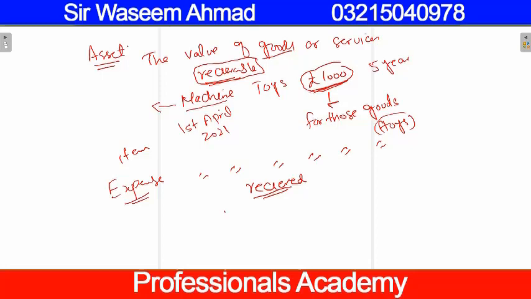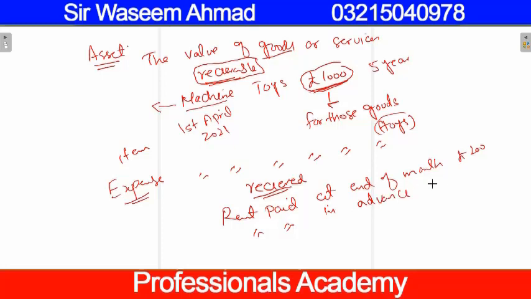So rent paid at end of month, pound 200. Rent paid in advance, pound 100. What is the difference?